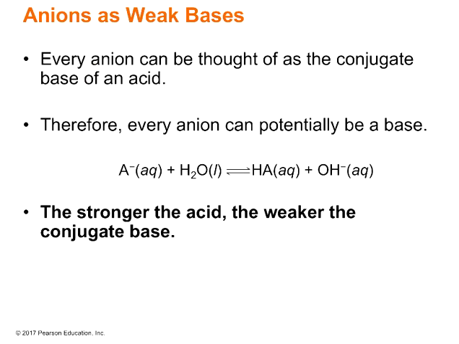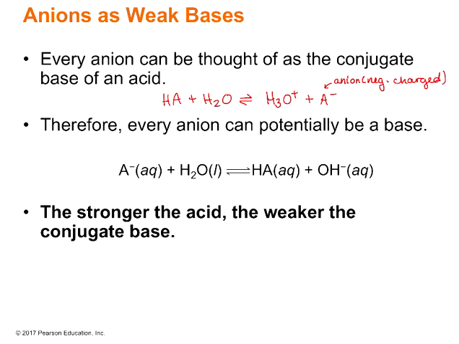Now, if we look at our generic reaction of an acid with water again, we know that the products are the hydronium ion and the conjugate base, A-. So A- can also be called an anion because it is negatively charged.